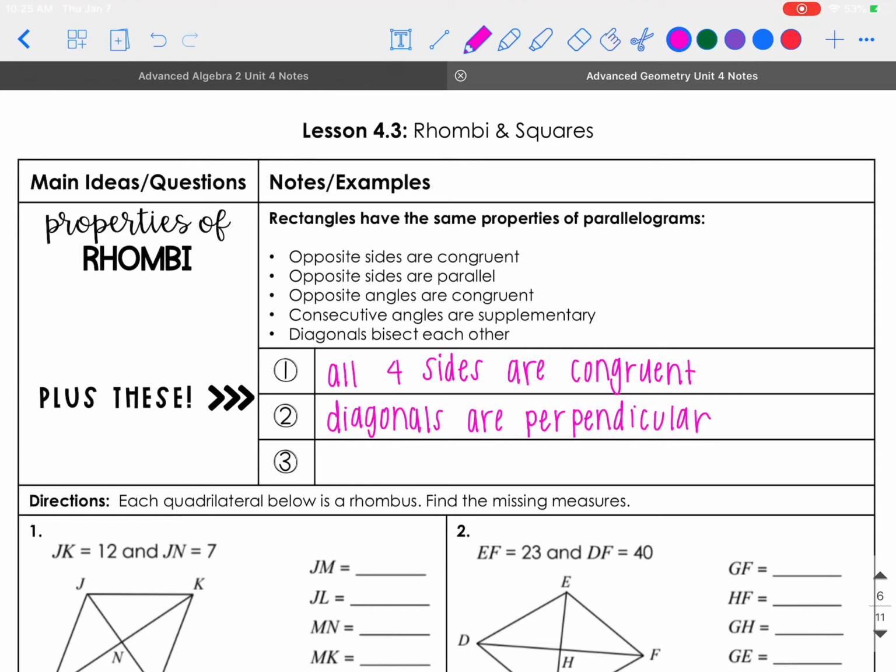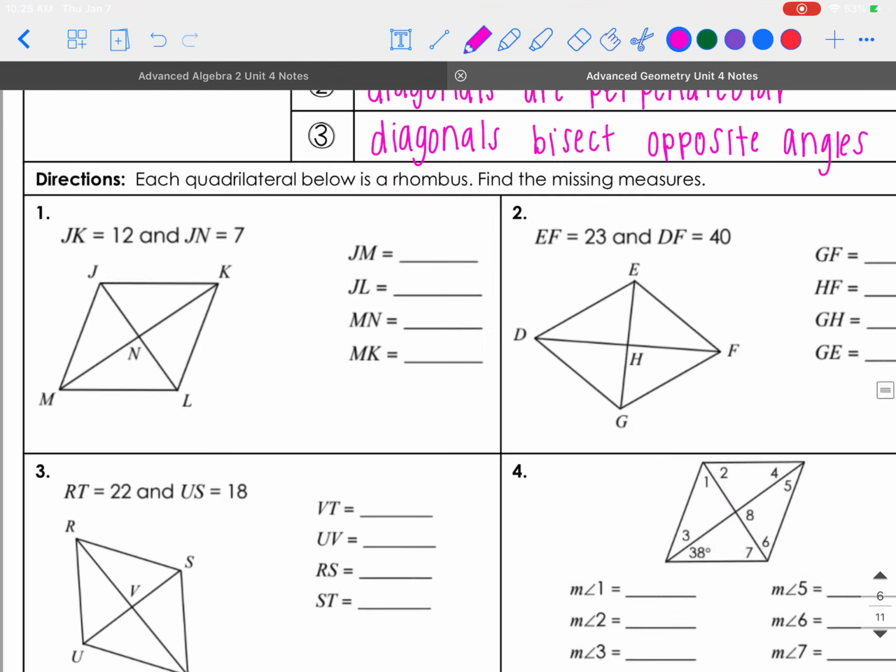That means they cross at a 90-degree angle. And then another thing is that diagonals bisect opposite angles. And that's kind of confusing. I'll show you. Diagonals bisect opposite angles.